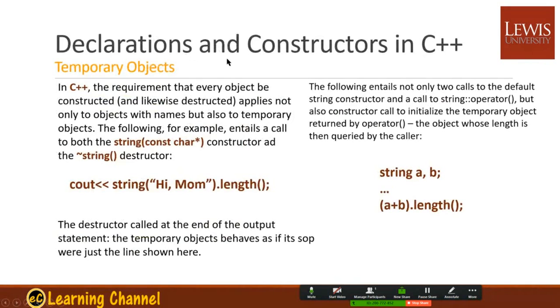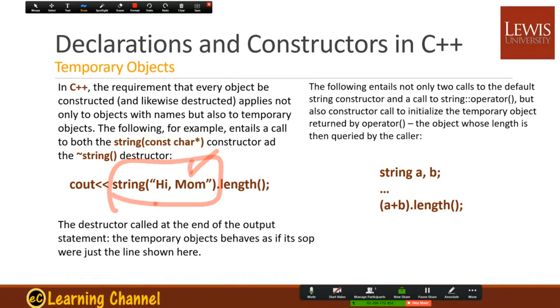So here is the declaration and constructor for C++. We can create a temporary object. For example, in this case, there is no real assignment of the name, but here you create a string and then run the tabs. And here you have the strings A and B. You actually create a temporary object called A plus B in concatenation.